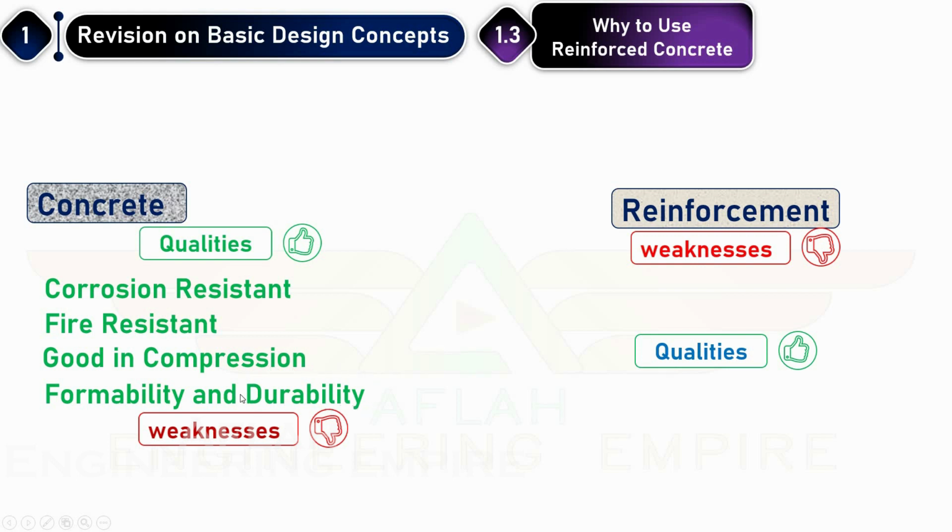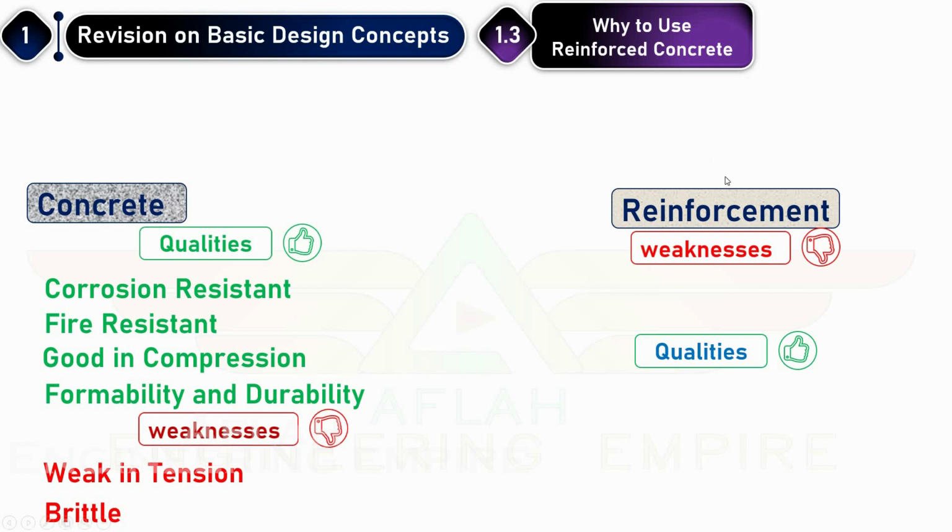These, and others not mentioned here, are some of the good qualities of concrete. In weakness, concrete is weak in tension and has a brittle behavior. After the yield it will not have much capacity to deform, and as a result it will fail easily in tension. But in compression it's good.